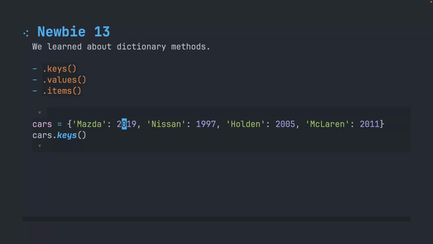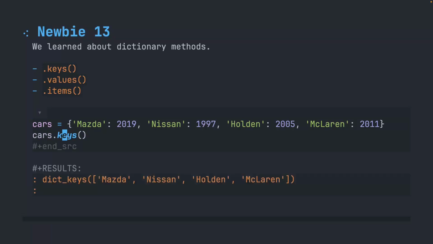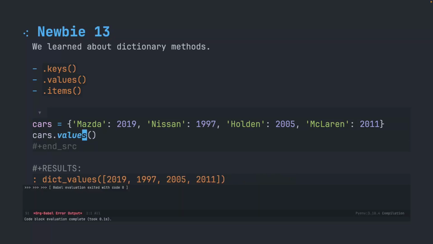And if we do the name of the dictionary, which is cars dot keys, and remember, keys is a function that is connected to dictionaries, so we call it a dictionary method, we get back all of the keys: Mazda, Nissan, Holden, McLaurin. If I change this to values and I run it, now I get all of the years.